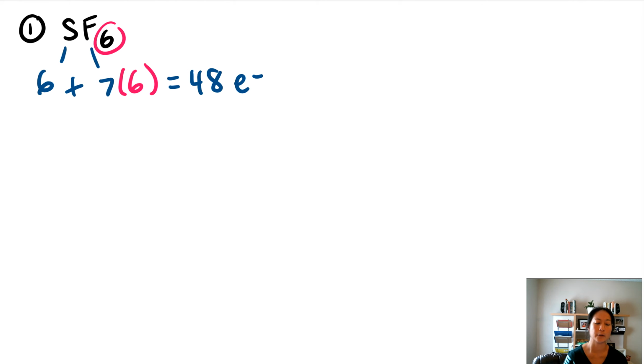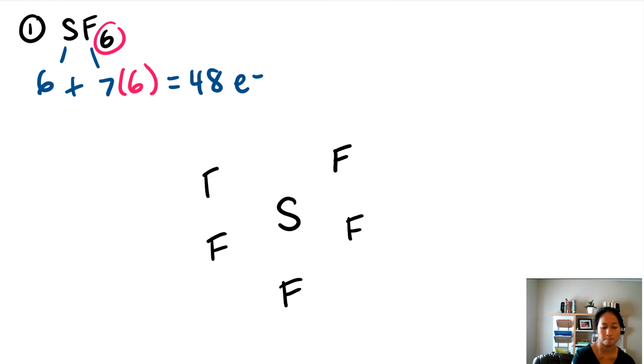So we want to put the atom that is the farthest away from fluorine on the periodic table in the center. So that means for this structure, sulfur goes into the center. Then we're going to draw those 6 fluorines around the sulfur. All right. So I have my 6 fluorines.